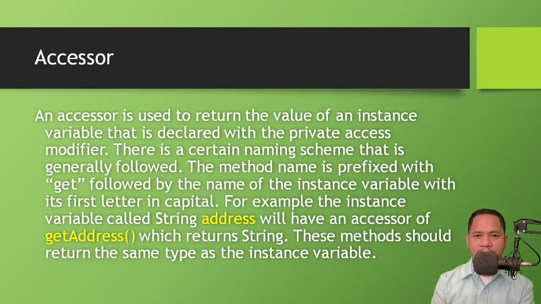The method name is prefixed with the word get, followed by the name of the instance variable with its first letter in capital. For example, the instance variable called string address will have an accessor of get address, which returns a string. These methods should return the same type as the instance variable.